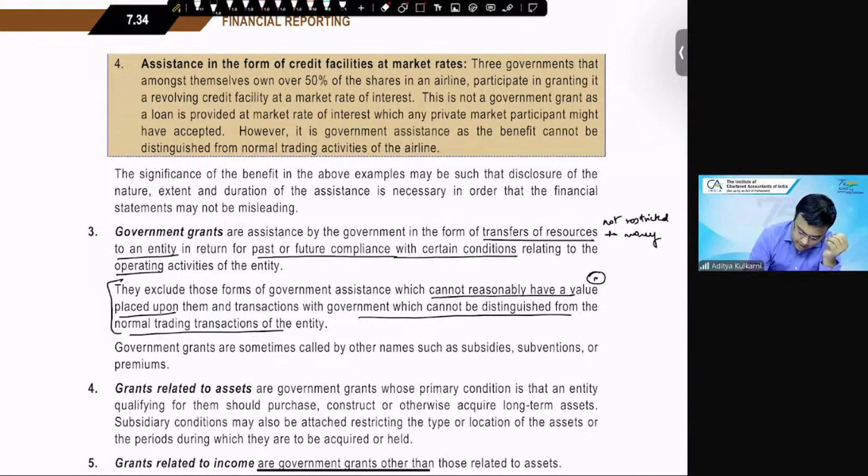And the second one is transactions with the government which cannot be distinguished from the normal trading transactions of the entity. Let us take any entity which is in the aerospace and defense sector, right? So in the aerospace and defense sector, the entities would have transactions with the Defense Research and Development Organizations, DRDOs. So DRDOs typically are directly under the Ministry of Defense, right?